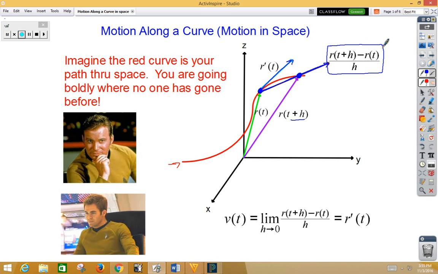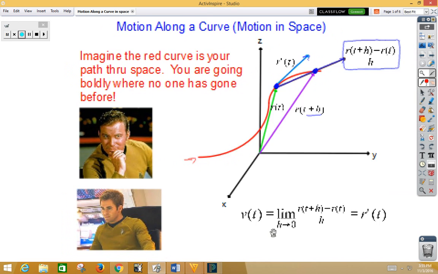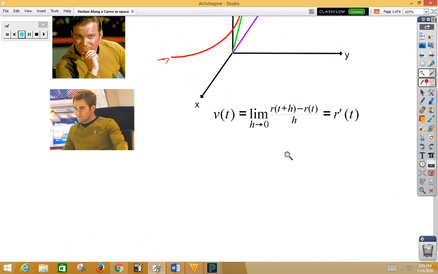If we take the limit of that as h approaches 0, which if I bring this up so we can see it a little better, then this would be the definition of the derivative, and since r of t is position, this would be velocity. So that's the theory behind things.